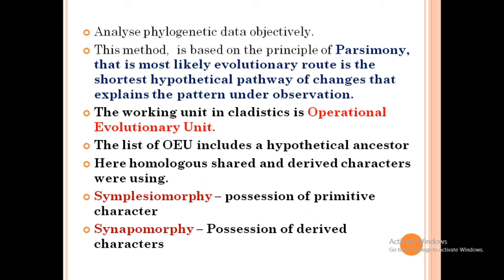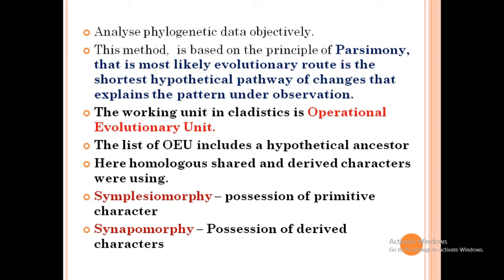Evolutionary route, that is actually parsimony. So, the shortest hypothetical pathway of changes. Here actually we are imagining the ancestor. Then the shortest route we are selecting to reach the origin of the species. That is actually parsimony. Then in numerical taxonomy, our working unit is what?